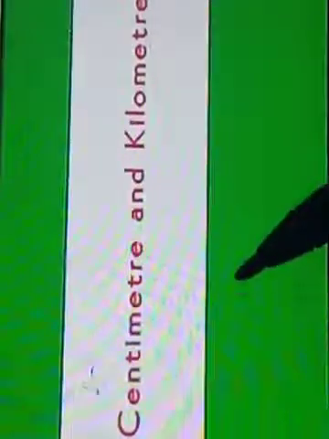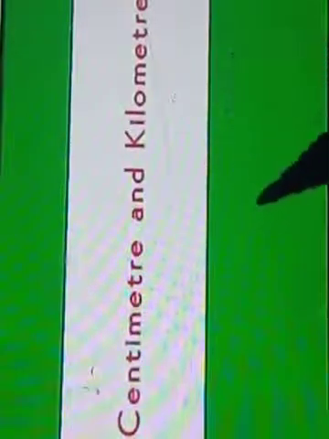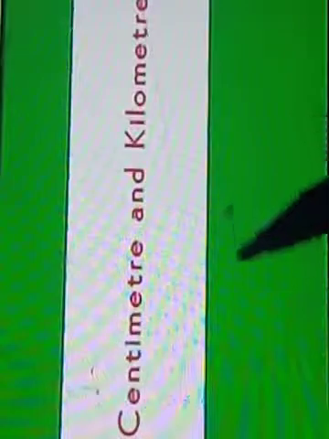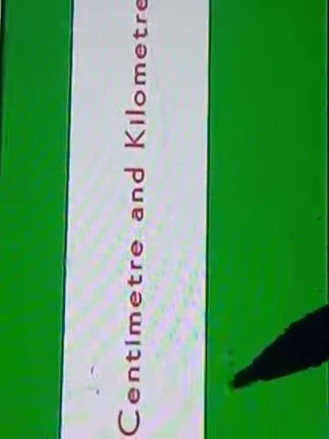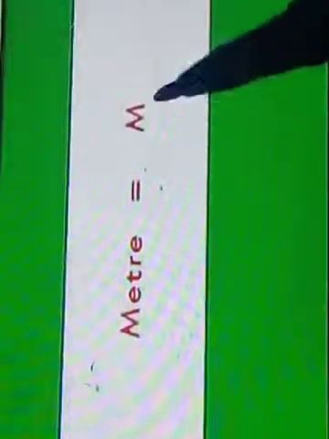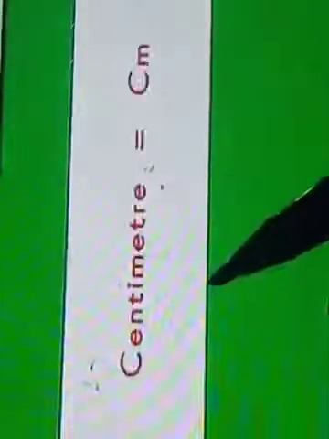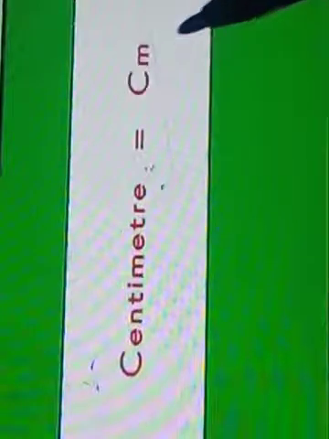Meter is the standard unit of length. The multiples and submultiples of meter are centimeter and kilometer. The short form of meter is m and the short form of centimeter is cm and the short form of kilometer is km.